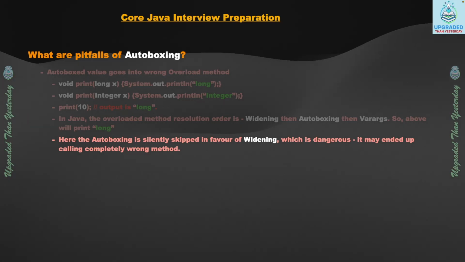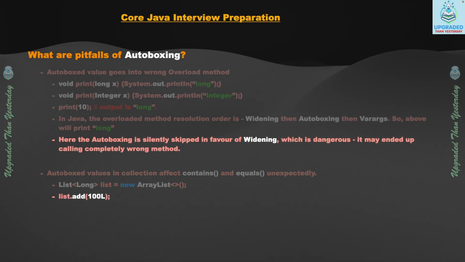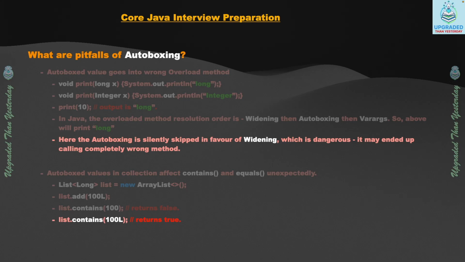Fifth pitfall. For the same autobox values, the contains and equals method of a collection may behave unexpectedly. Look at the code. The list of long is populated with a long value 100. Now upon calling the list.contains with primitive value 100, it will return false, but it returns true when it is called with a long value 100.